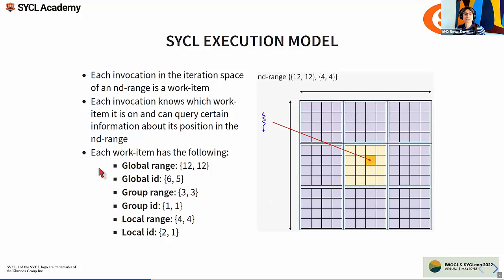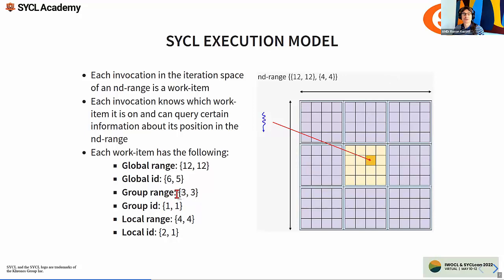And so that's why you have a lot of specific functions in SYCL to get all these coordinates. So we've seen already the global range. Here it's 12 by 12. But if we look at a specific work item, here we will have the global ID 6 and 5.